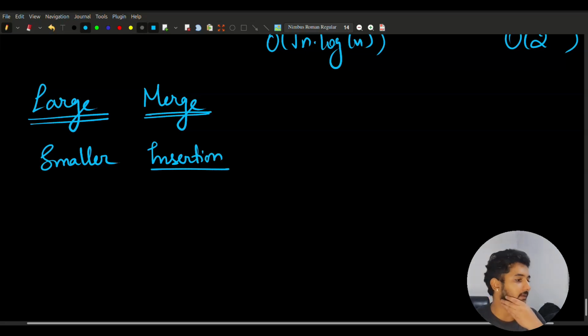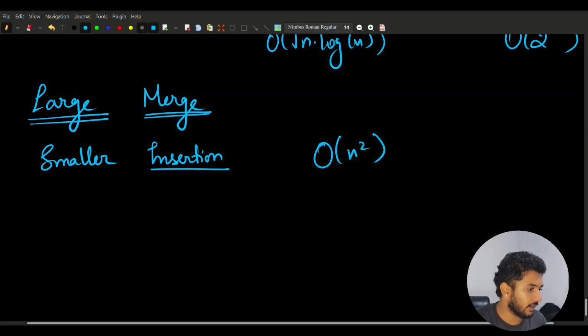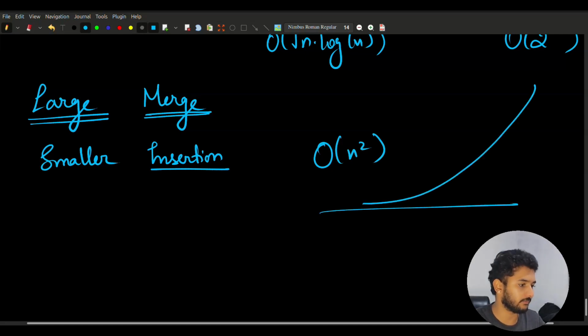Why? Because just think of performing O(n square) time complexity on the large array and O(n log n) time complexity on the smaller arrays. Obviously, if you perform O(n square) on the larger arrays, the time complexity will be exponential.